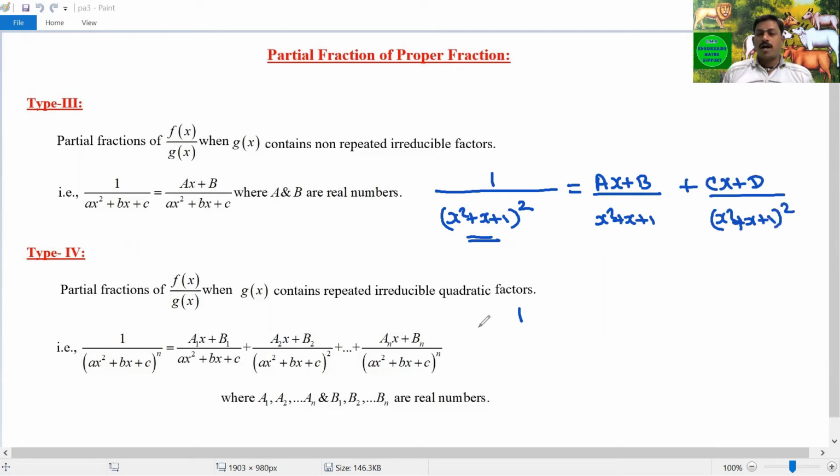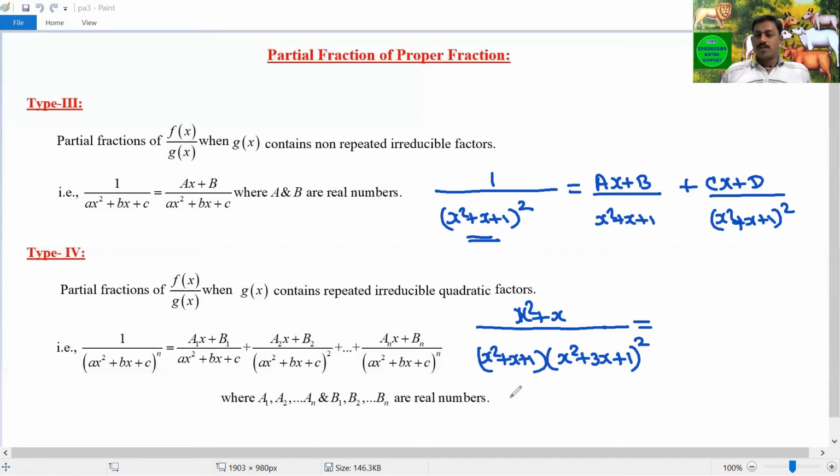Suppose you have both type 3 and type 4 in a fraction, x square plus x divided by (x square plus x plus 1) into (x square plus 3x plus 1) the whole square. If you observe the denominator, the first term is a non-repeated irreducible factor, and the second term is an irreducible quadratic factor repeated twice.